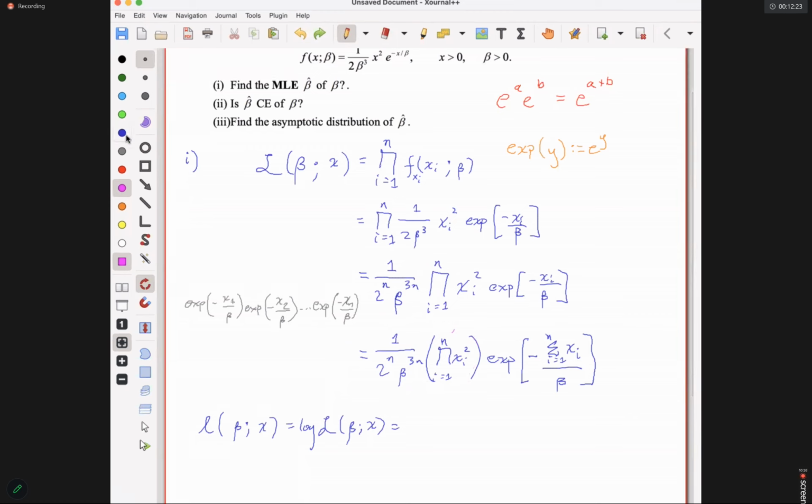And so I will have log of 1 over 2 to the n, beta to the 3n, plus log of the product from i equals 1 to n of xi squared, and then I take the log of this thing, and what happens?